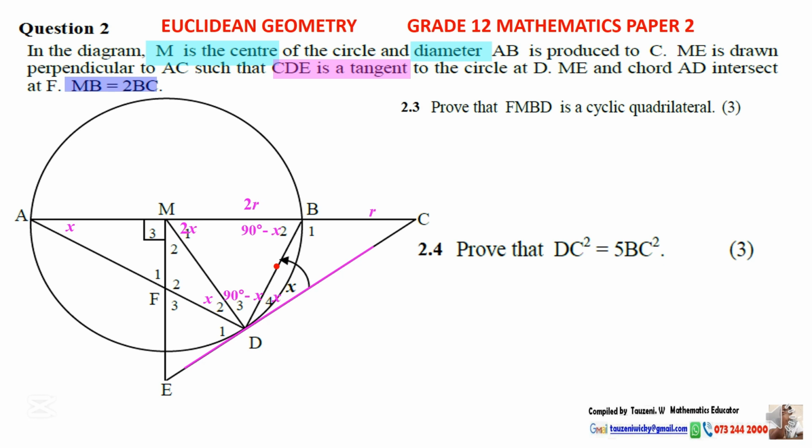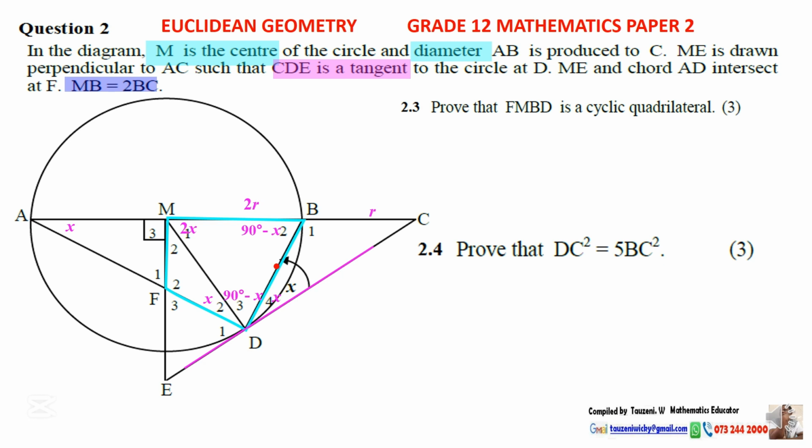Right, question 2.3 and 2.4: prove that FMBD is a cyclic quadrilateral. That is a straightforward calculation because if you look at the shape that they mention, this is my quadrilateral. We have angle M3 here, which is 90.